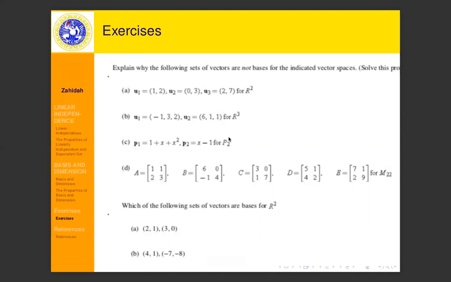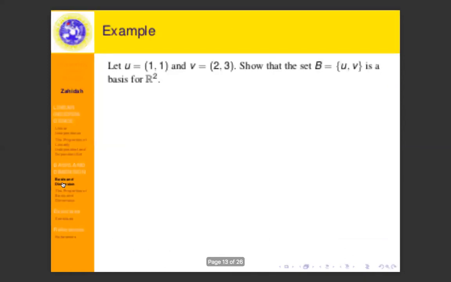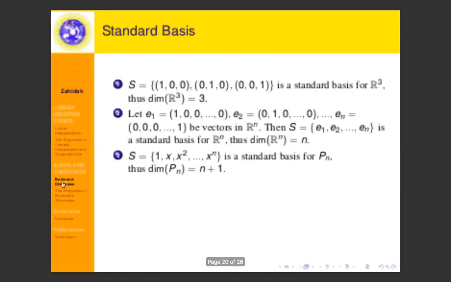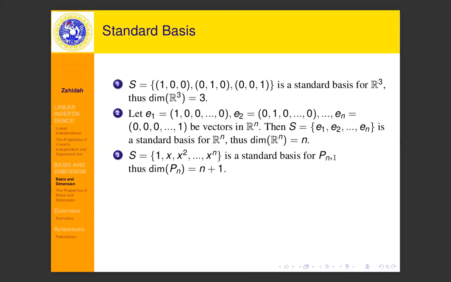If we have polynomials of degree n, so the dimension of Pn is n plus 1.